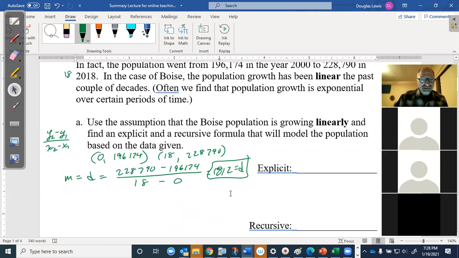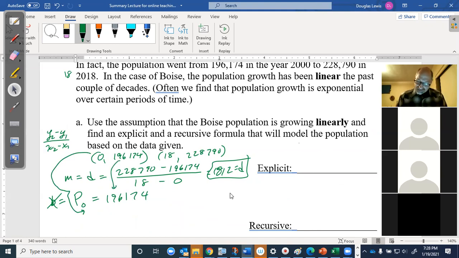Anyway, the explicit formula: now we have to know the starting point. Instead of B, we don't use B anywhere, we'll use P sub 0, which is the 196,174. There's your 0 right there, and there's your 196.